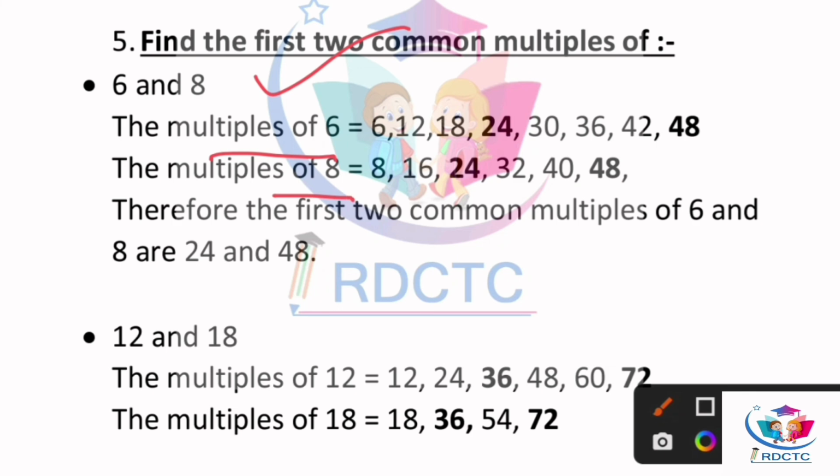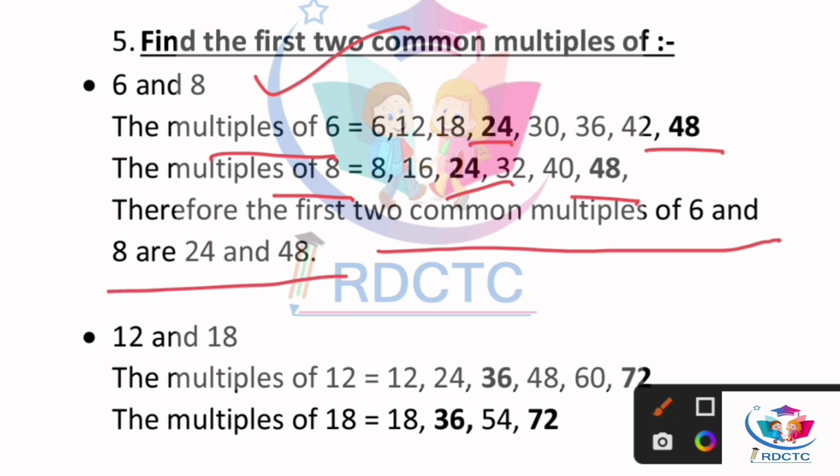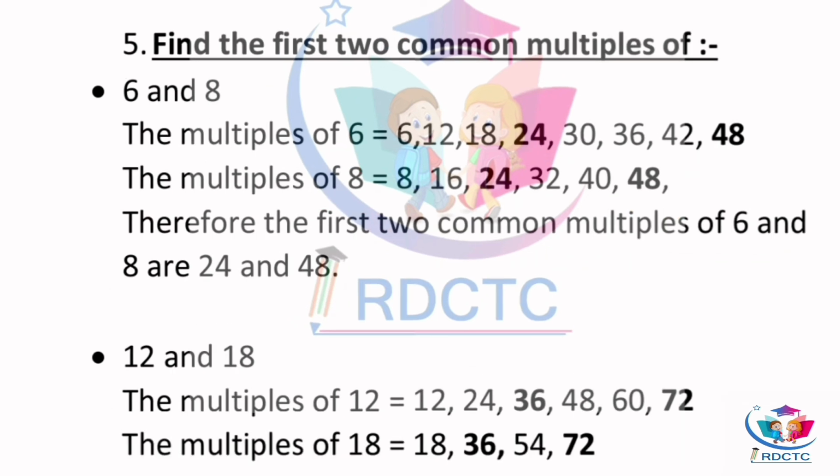The multiples of 8: 8 1s are 8, 8 2s are 16, 8 3s are 24, 8 4s are 32, 8 5s are 40, 8 6s are 48. Now we find that 24 and 48 are present in both. That is why we say that the first two common multiples of 6 and 8 are 24 and 48.